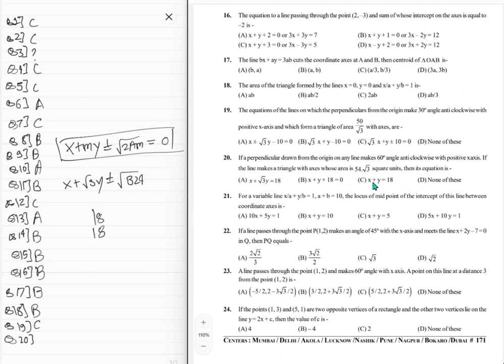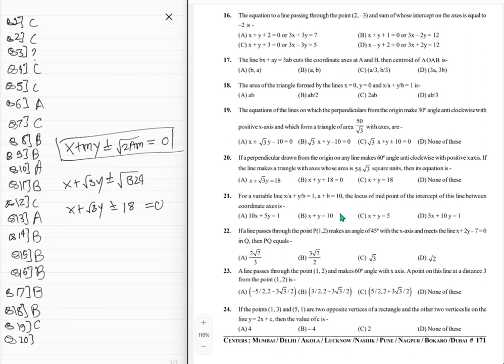Let me check: 18 into 18 is 324. Yes, that's 18 squared. So this thing is going to be 18. x plus square root 3 y plus minus 18 is equal to 0.